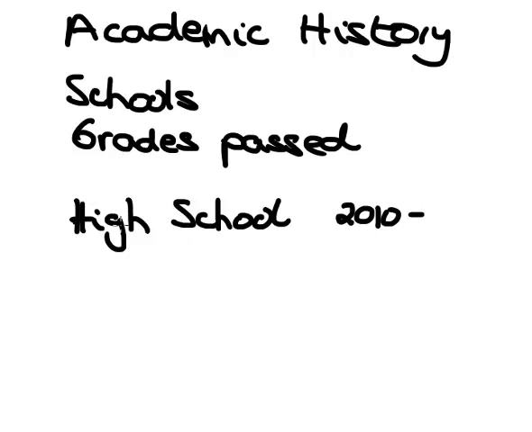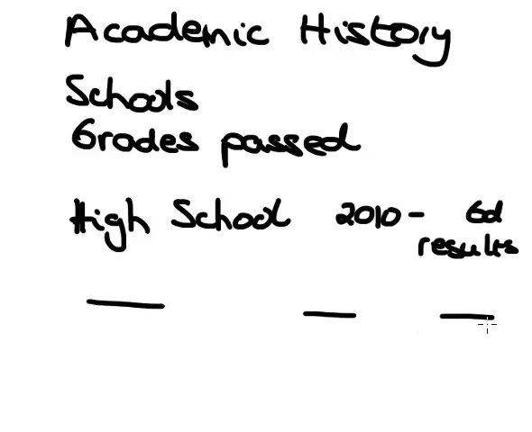So the name of the high school, and then the grade that you passed, the last grade that you passed. And if you want to put your results or your best results, you can put them there. Then if you've had a previous school, you put that there, the dates and the grade, the highest grade passed in that school. And then any other qualifications in this section.